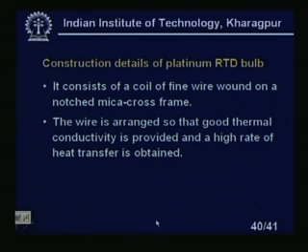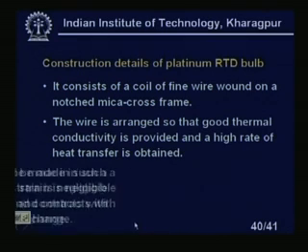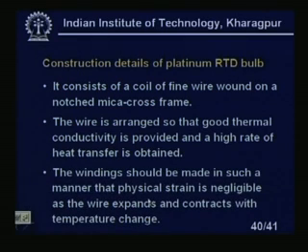This is another thing that is necessary, and the winding should be made in such a manner that the physical strain is negligible as the wire expands and contracts with temperature changes. This is a typical problem, because RTD is not a semiconductor device, it is a metal. So, if the temperature rises, the wire will be stretched, if temperature falls, the wire will contract in length.